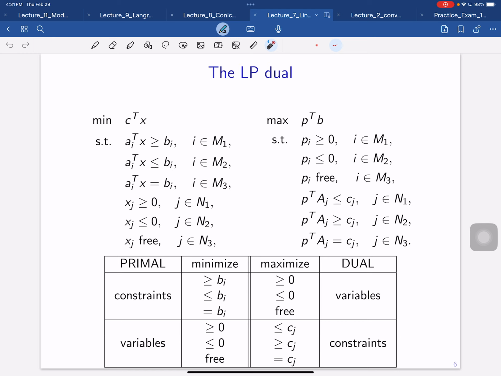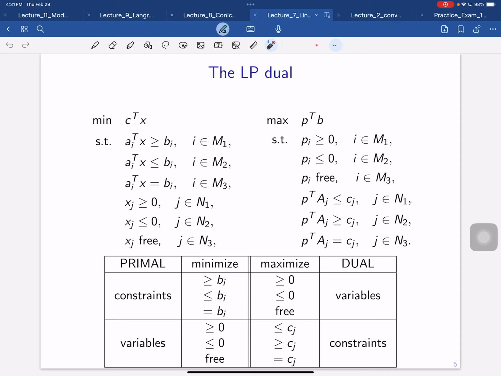Like for here, for all the greater than or equal to constraints, the pi are greater than or equal to 0, and for less than or equal to, pi are less than or equal to 0. Then, for a greater than or equal to variable, the sign in the dual is less than or equal to, and so forth. One of the ways you can solve this problem is you just write down this slide on your cheat sheet, and then you can take the dual, right?